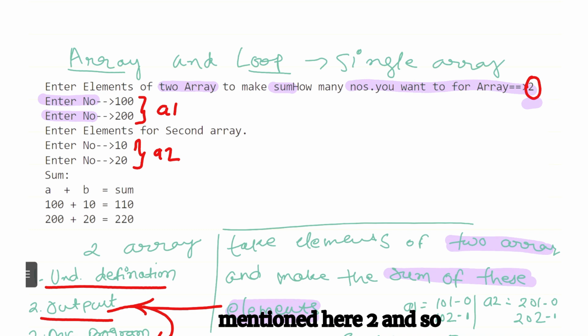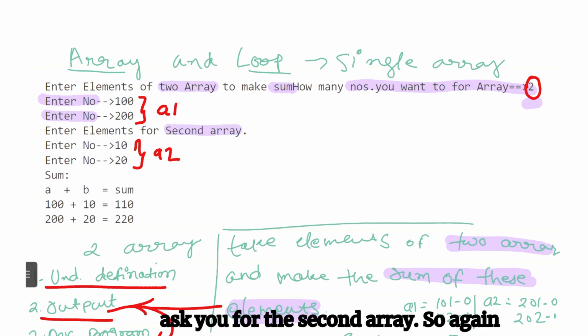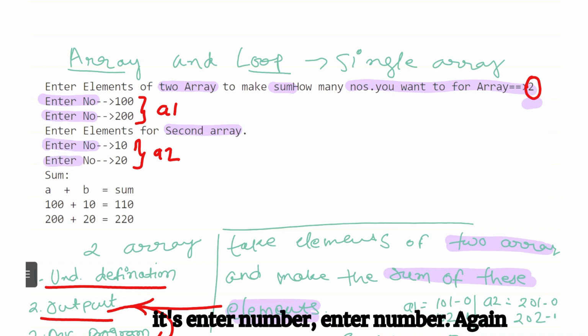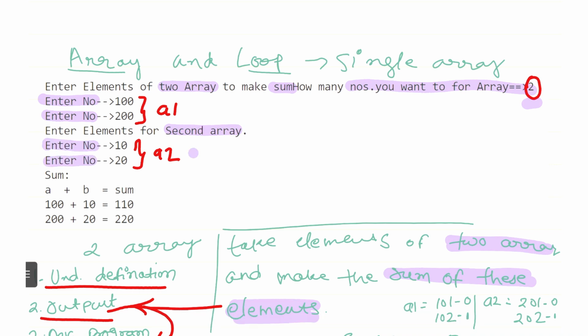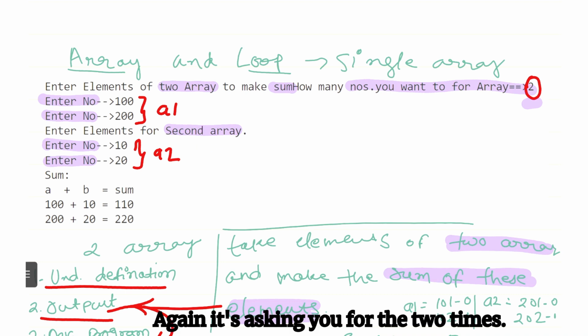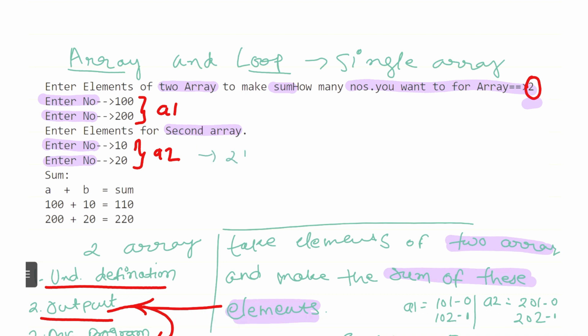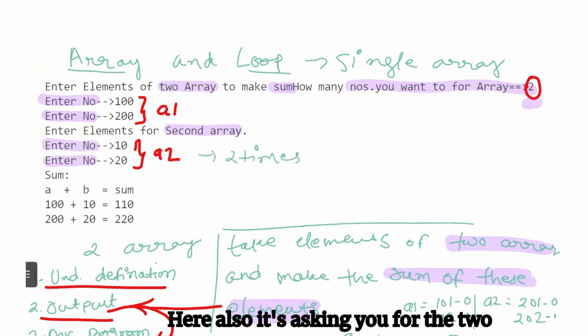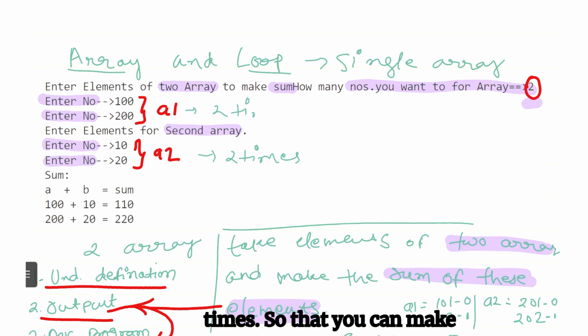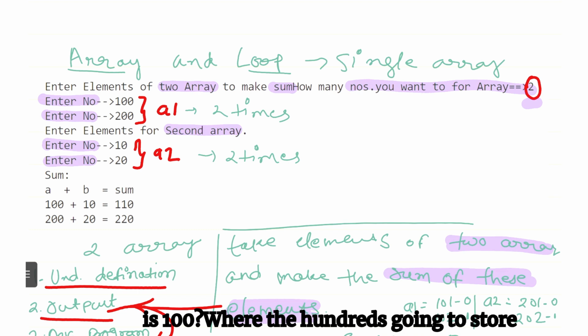After finishing the elements of A1, it asks you for the second array. So again it's asking you 2 times, so that you can make the sum equally. Where is the 100 going to be stored?